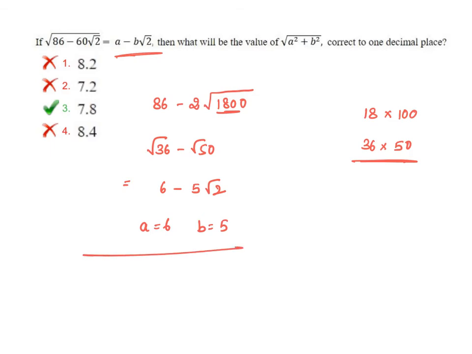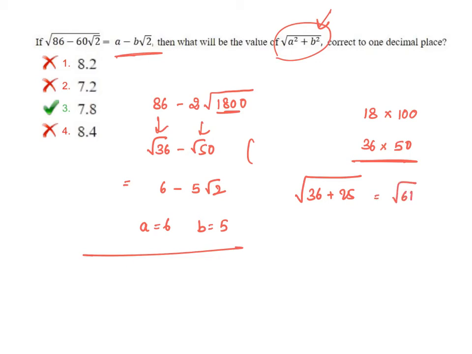But generally we write it as root 50 minus root 36, because first you have to write the bigger value, then the smaller value. Here I am not writing like that, but even if you write it like that, a square plus b square is asked. So you have to take the positive value only. So 6 square is 36, 5 square is 25, root of 61.